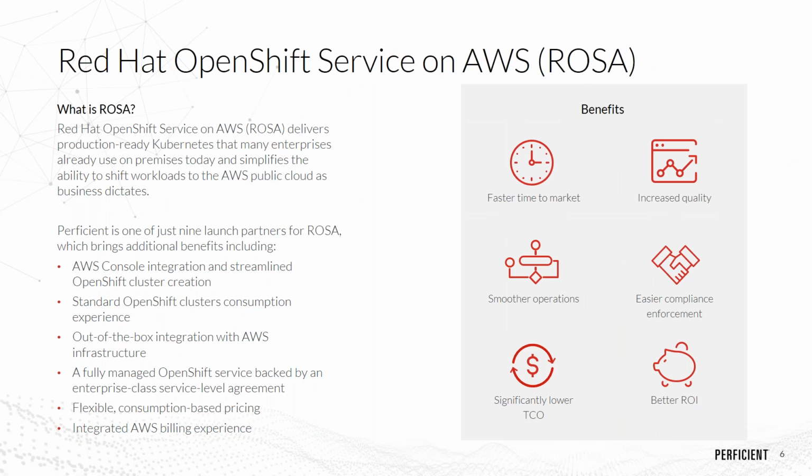So a word on ROSA, if you're not already familiar, and we can start with OpenShift. You've probably heard about everybody moving to containers right now, and in particular to Kubernetes for container orchestration. OpenShift has really become the de facto enterprise Kubernetes solution for container orchestration.